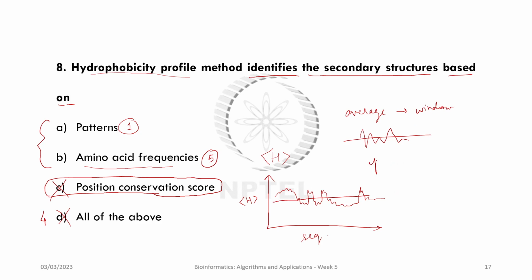But it is always the pattern that guides you in identifying secondary structure through hydrophobicity profile. And it is not the amino acid frequency or position conservation score, and definitely not all of the above. So I would go with patterns. And congrats to Mamta for the single vote on A.